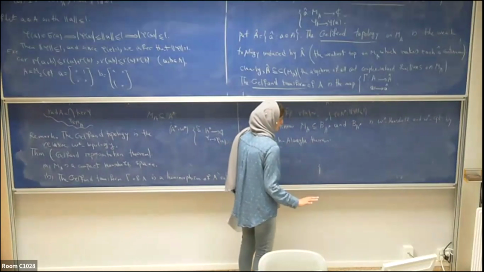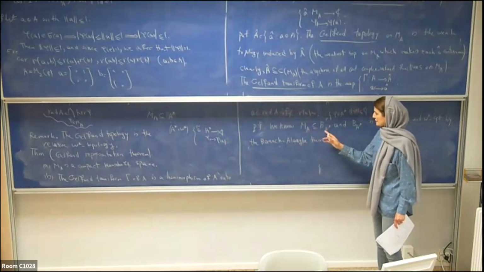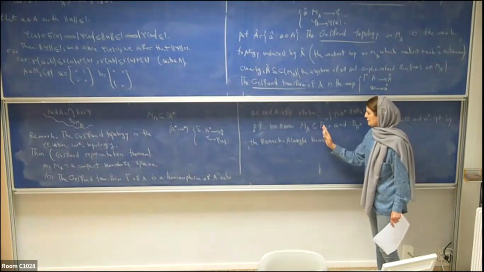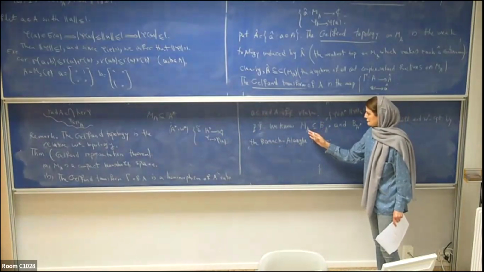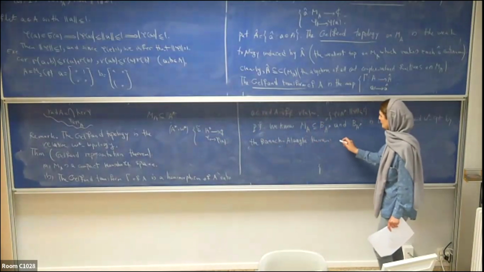So we need to show just that M of A is a closed subset of B of A star. In that case, we can conclude that M of A itself is compact.